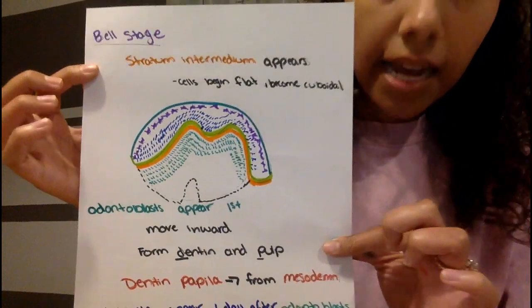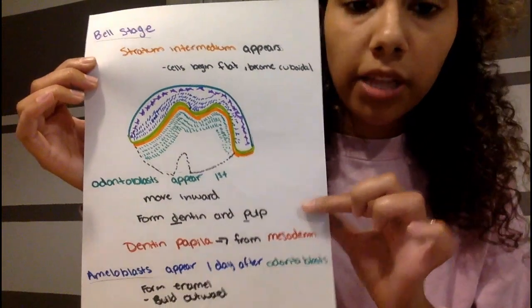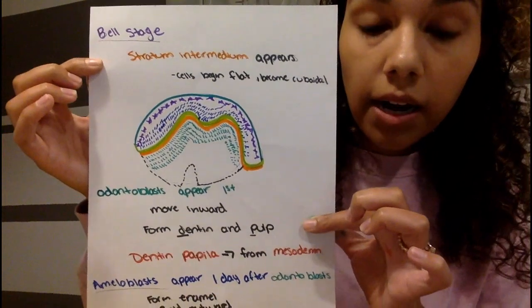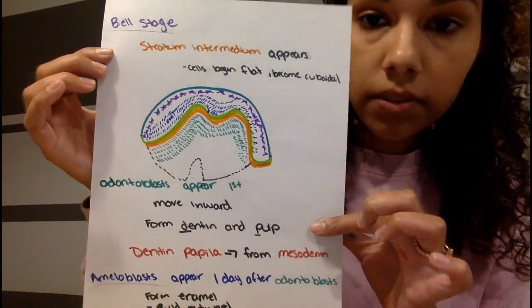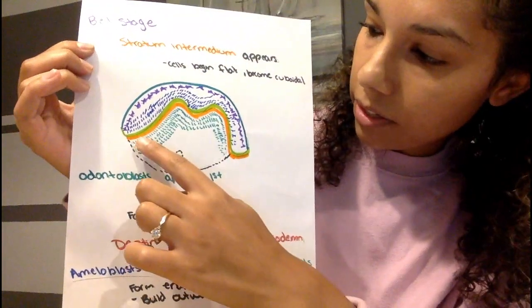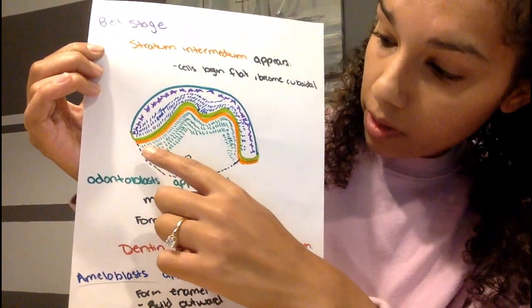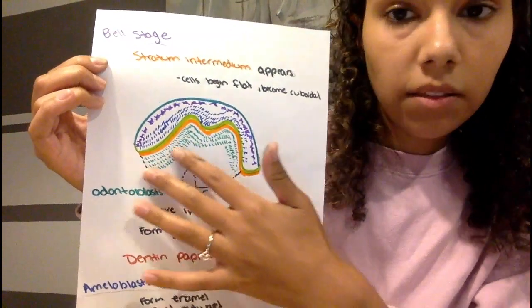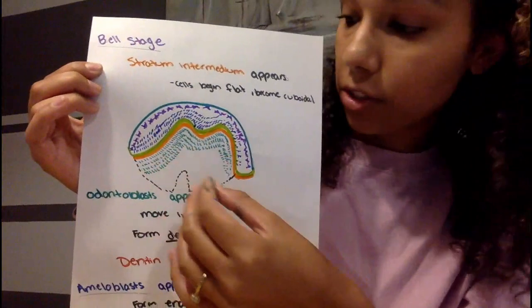In this stage we're developing more, so that's when our odontoblasts appear. Those are our dentin cells, and they're below the stratum intermedium because the dentin will start forming the inners of our tooth.